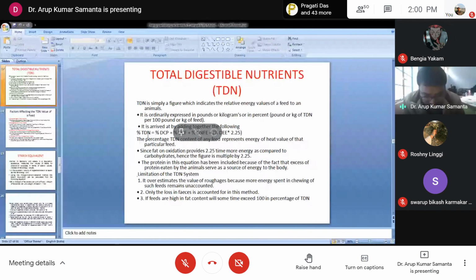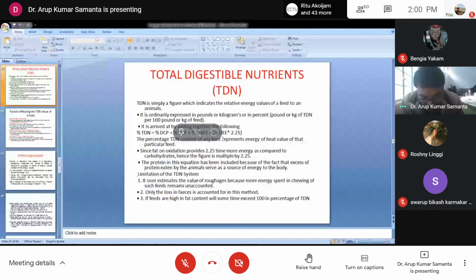When we are calculating the TDN percentage, whether we have taken into consideration the mineral matter over here, it is not there. You see, this is the crude protein, this is the crude fiber, it is the carbohydrate. NFE is also the carbohydrate, and ether extract is also the lipid part. But here we are not considering the mineral matter, is it not?